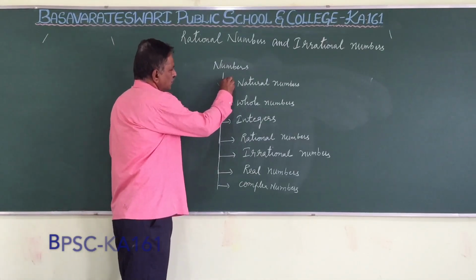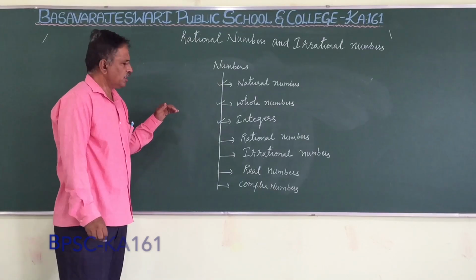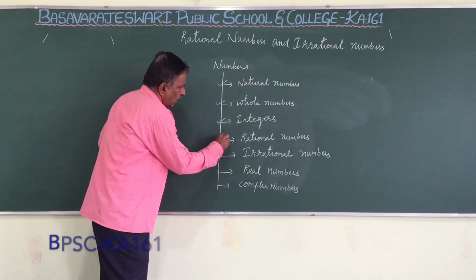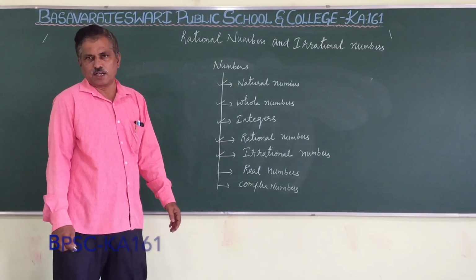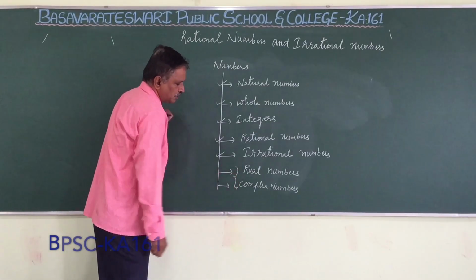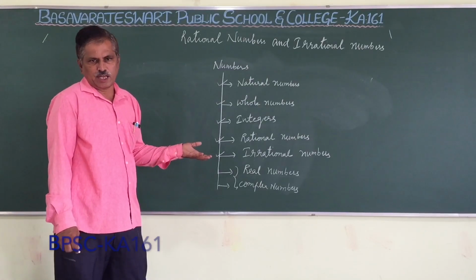Natural numbers, whole numbers, and integers you learned in the lower classes. Rational as well as irrational numbers you will be learning in class 9, and real numbers as well as complex numbers are not in the syllabus; you learn them in the higher classes.